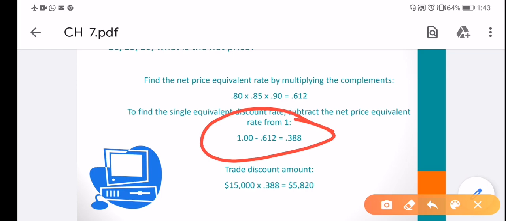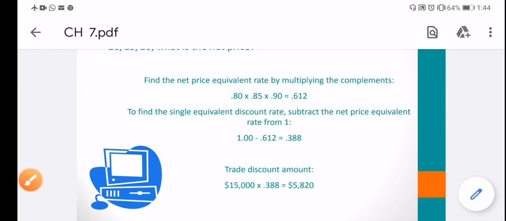If the question asks me to find how much the discount is, I can directly find the discount amount by finding the complement of this amount. The complement is 1 minus 0.612. Take the complement, multiply it with the original list price, which is 15,000, then directly you get the discount amount, which is 5,820.